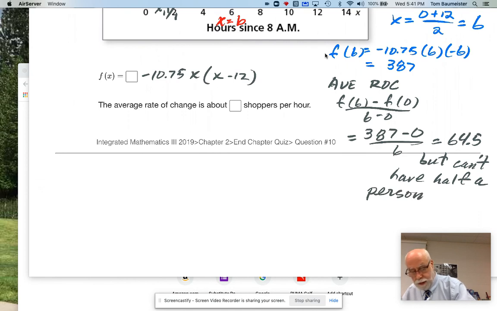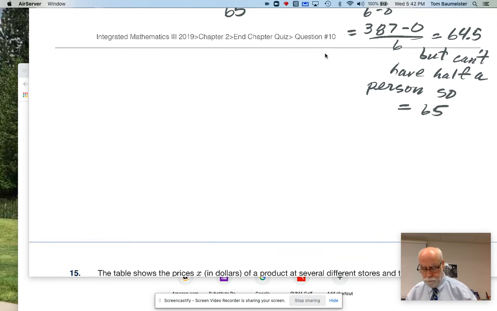So you're going to tell me that it is equal to 65. So at the maximum there, the average rate of change was about 65 shoppers per hour.